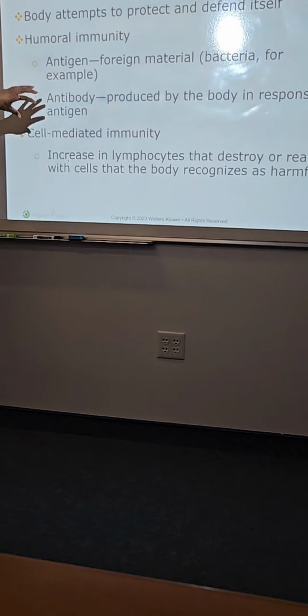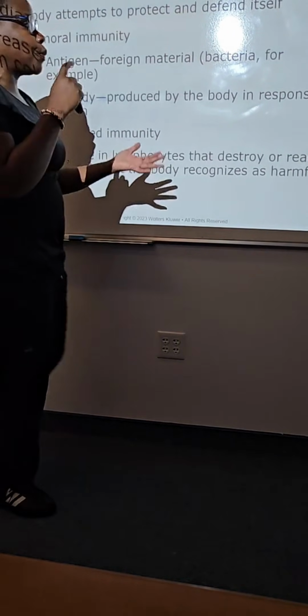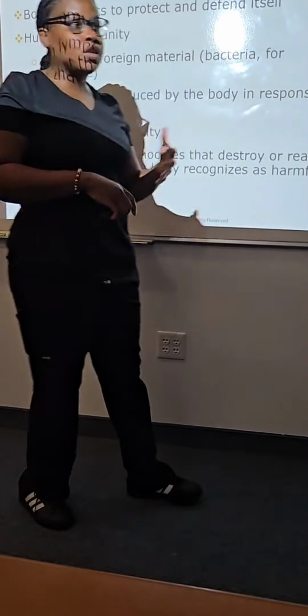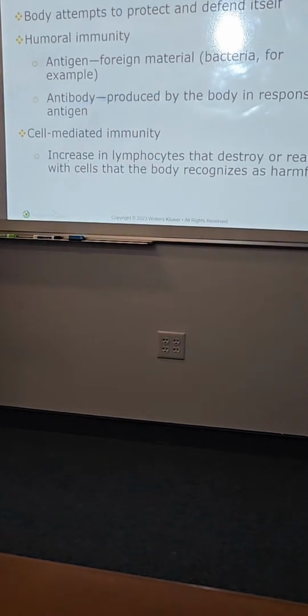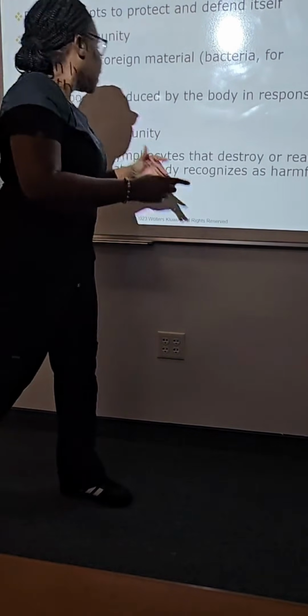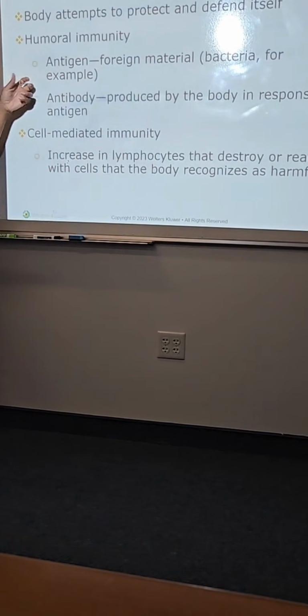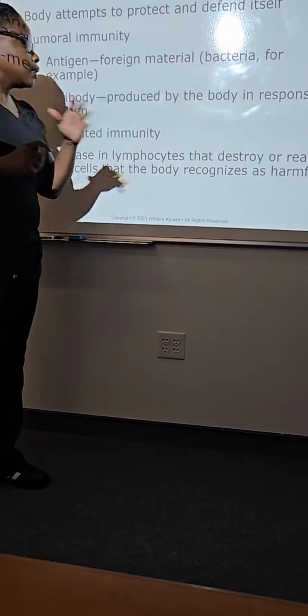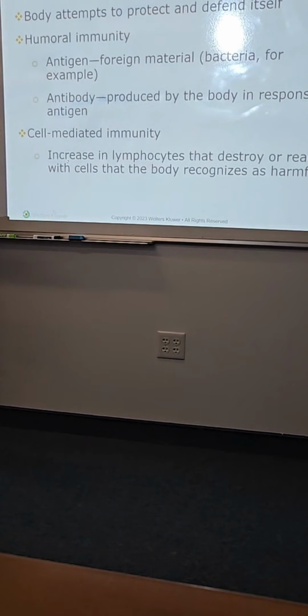Humoral immunity is concerned with antigen and antibody. Antigen is a foreign material, for example bacteria, a virus, or anything. Those pathogens that we talked about, that's antigen, outside of the body, foreign. Antibody is produced by the body in response to the antigen. Because this foreign material is coming in, the body starts to produce antibodies.